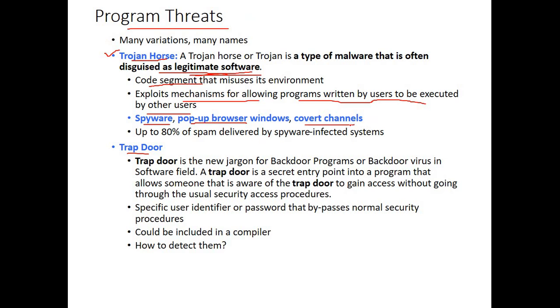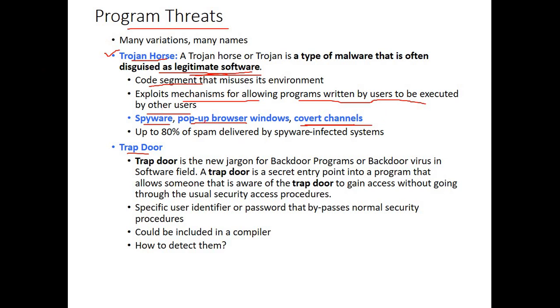Covert channels are also channels which are under the control of some attackers. They behave as if they are genuine channels. So once we try to access those channels, these programs will be transmitted to our system, and they may damage the contents of our system.